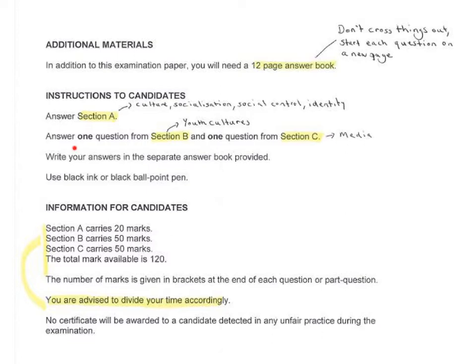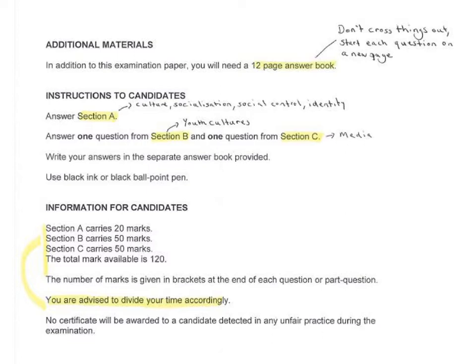It says to answer one question from section B, which in your case will be on youth cultures, and then one question from section C, which in your case will be the media. And both of the questions for section B and section C have two parts to them. There is a 15-mark question for each section that you have to do, and then you have to do one of two 35-mark questions, as we'll see in a minute.